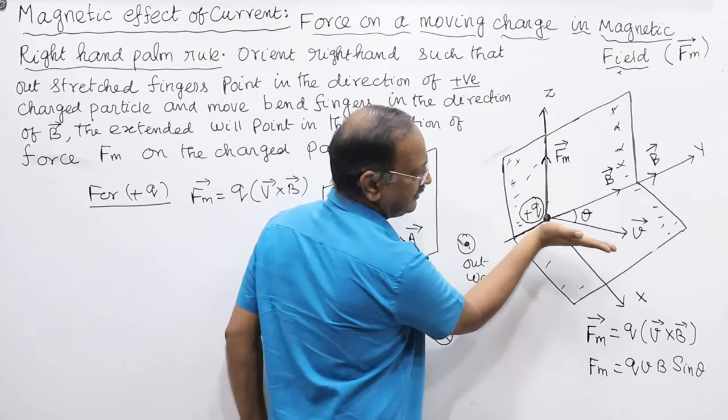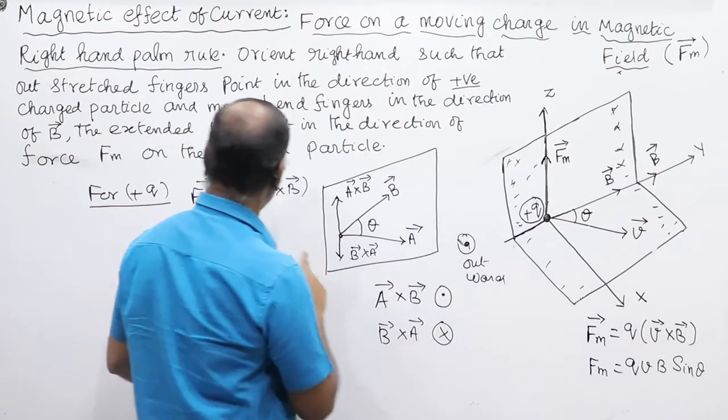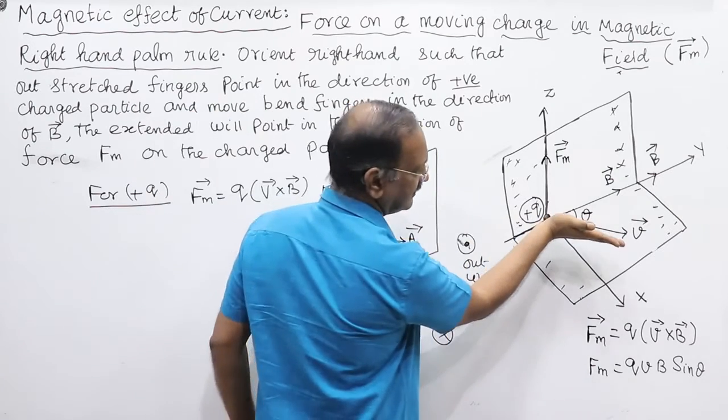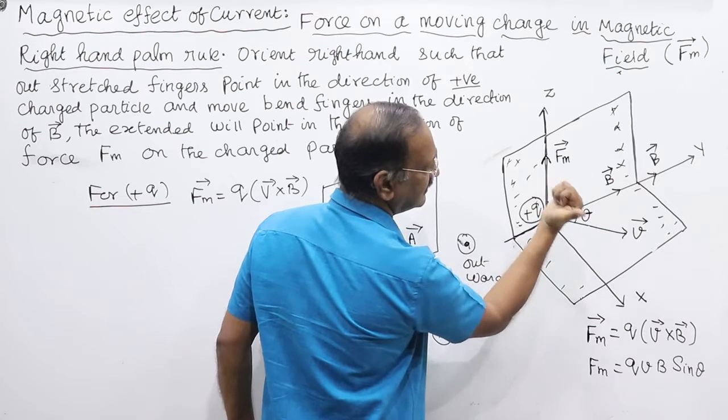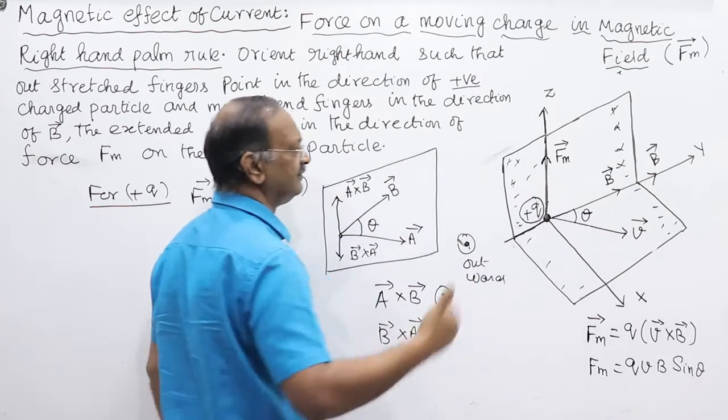So from V cross B, we have to find out V cross B. So we keep like this, we move from V to B in this direction.